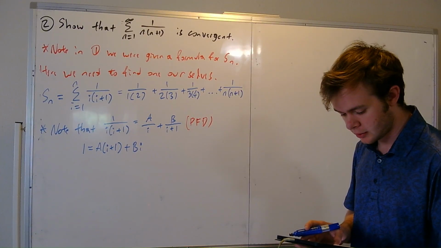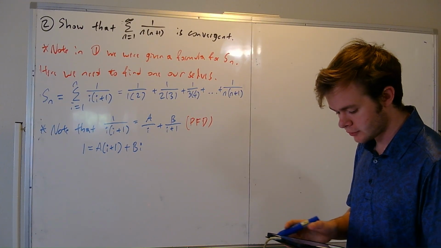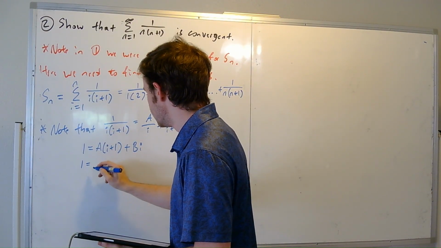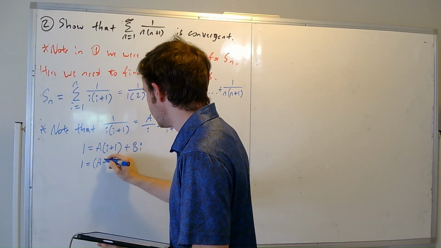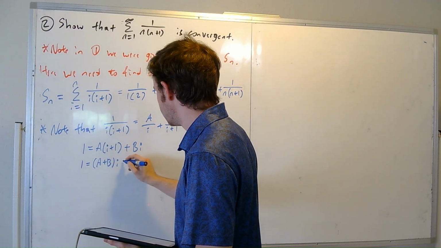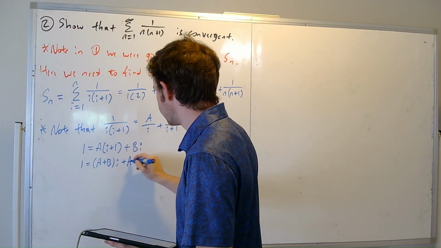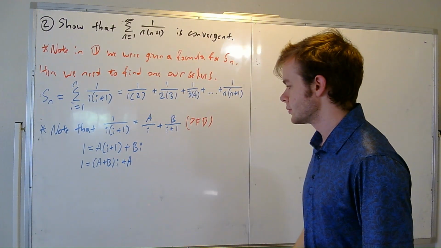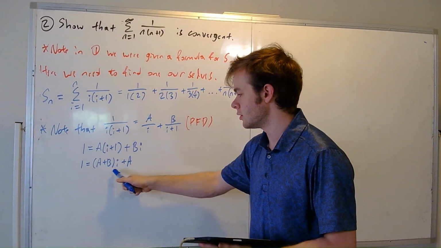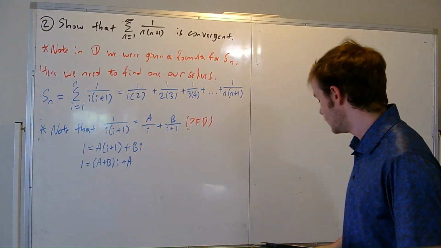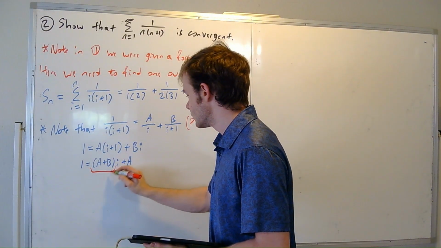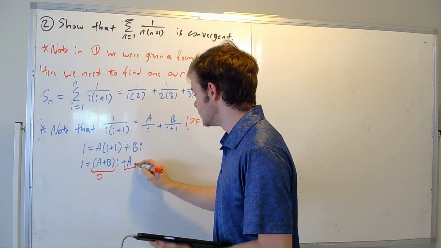Now let's just go ahead and write out what this is equal to. This is 1 equals A plus B times i plus A. Okay. Now notice this thing in front of i should be 0 because on the left side we don't have an i. So this thing here is 0, and this thing here should better be 1.